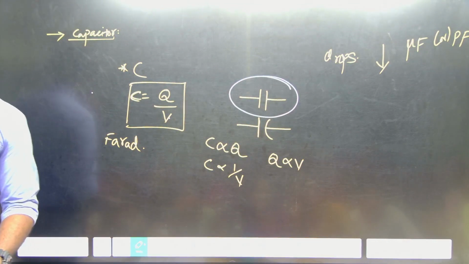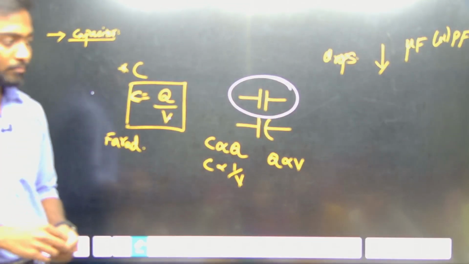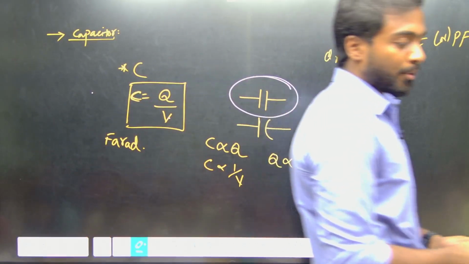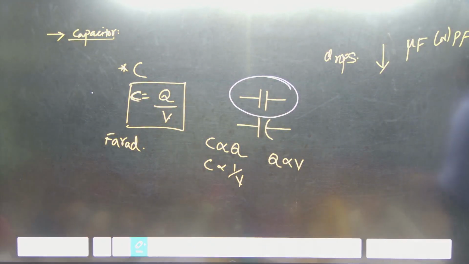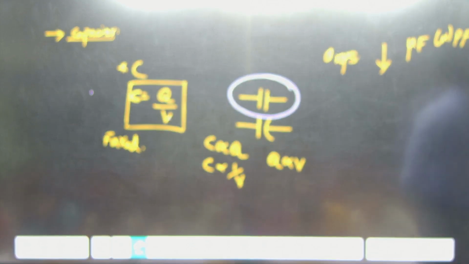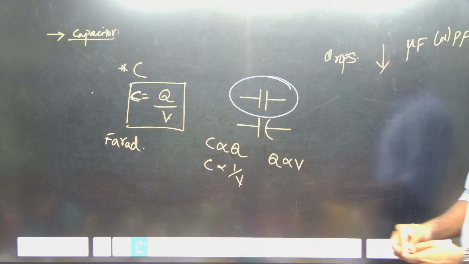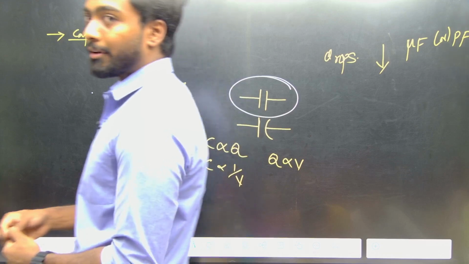Micro is 10 power minus 6, and pico is 10 power minus 12. So generally the capacitance will be very small.